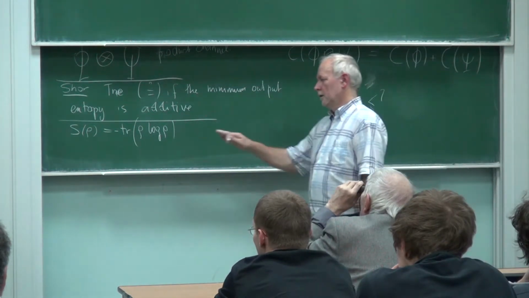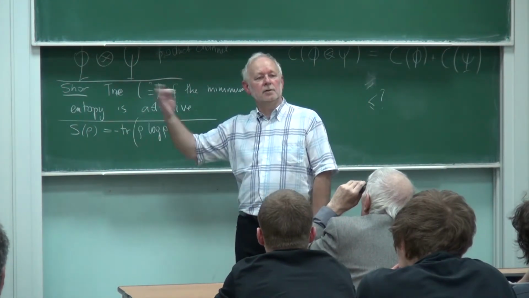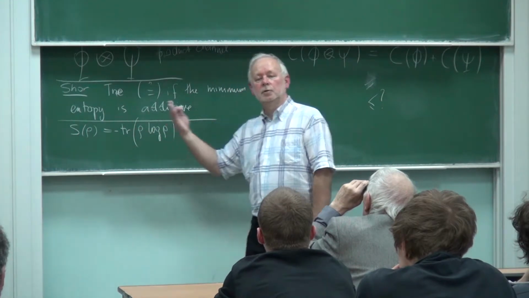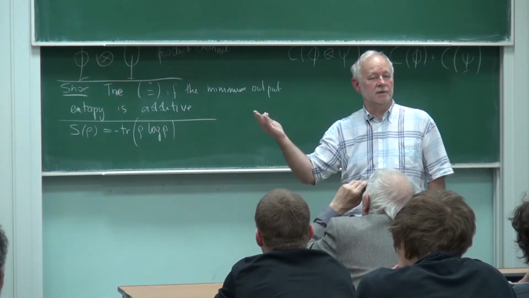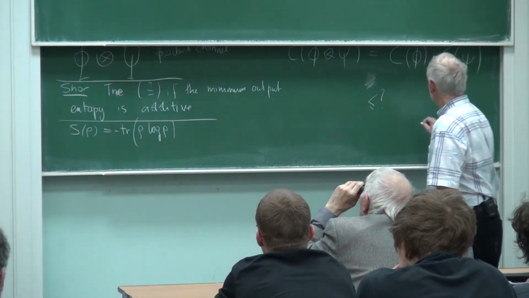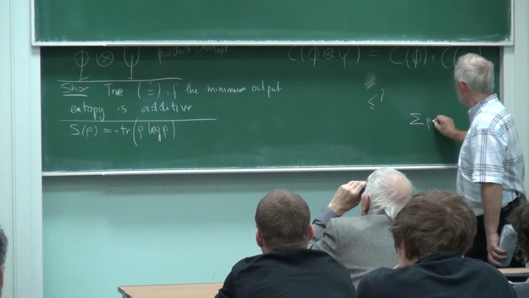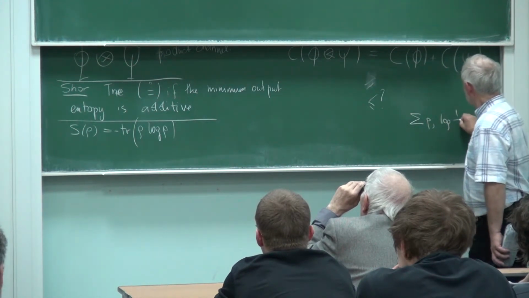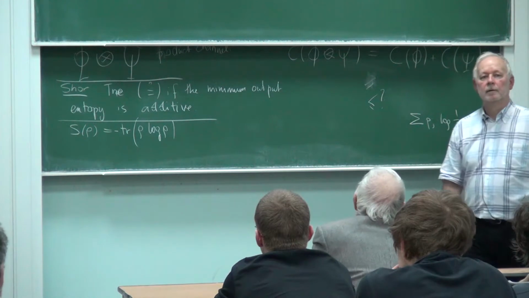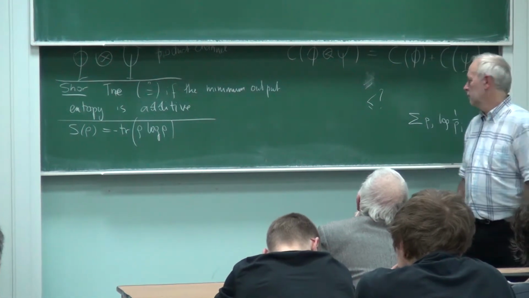If you know the usual entropy, then the usual entropy for probability mass functions is the sum of p_j log 1 over p_j. Right?